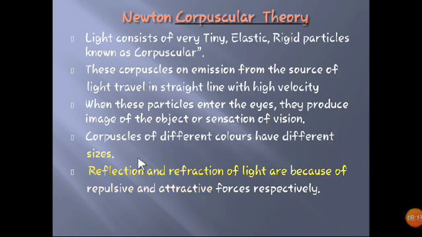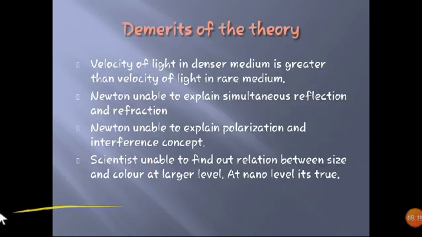So by looking at this theory, there are merits as well as demerits. So what are the demerits? Let's see. Newton said that the velocity of light in a denser medium is greater than in a rarer medium. But this is not at all possible, because what is a denser medium? A denser medium is one in which a number of particles are there, so it is an obstacle to travel, right?